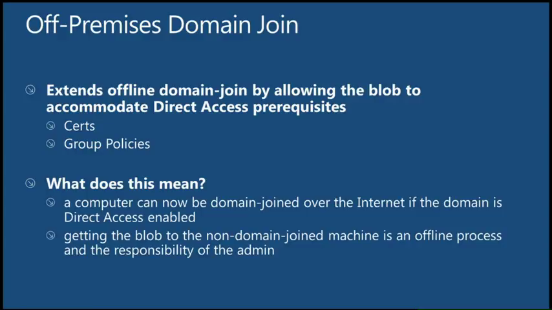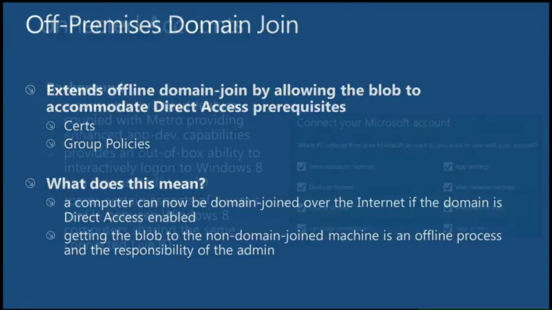All of that is encoded into that blob, and the system knows how to boot up, reset itself, and you're back connected to DA in a seamless fashion. From then, you can provision your applications if you need to, and you can get productive pretty quickly. This is something we refer to as off-premises domain join.